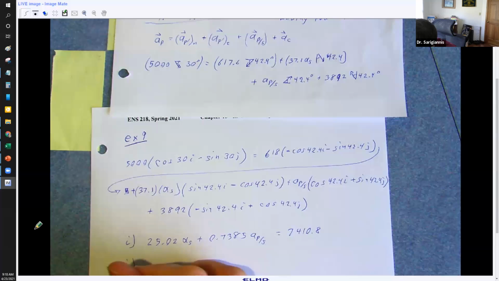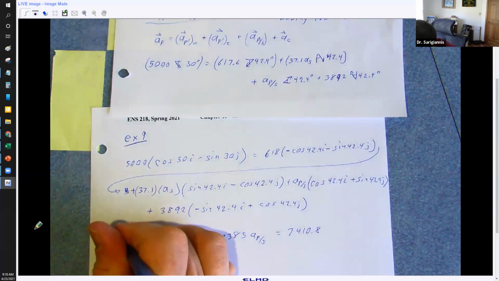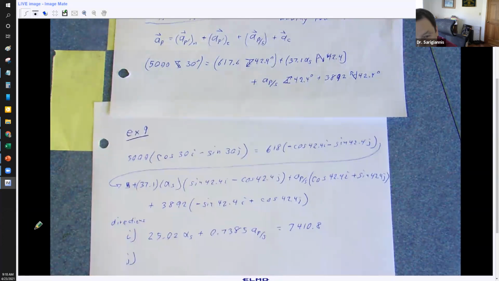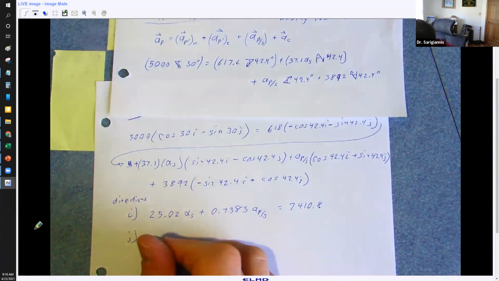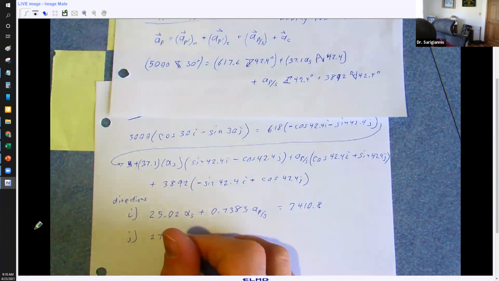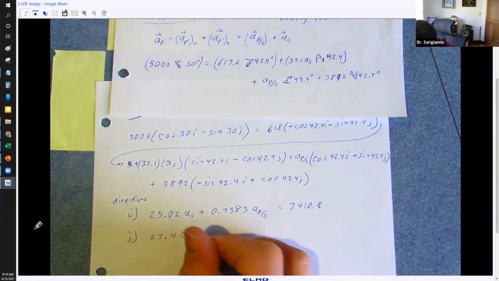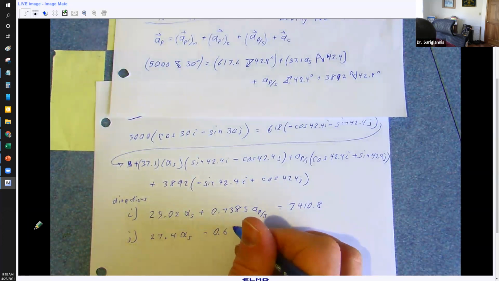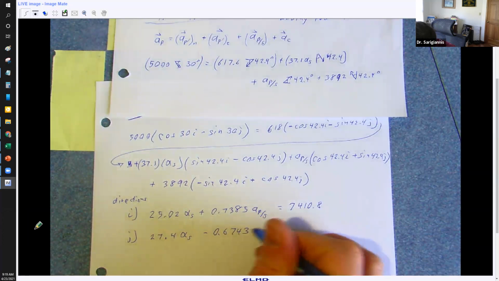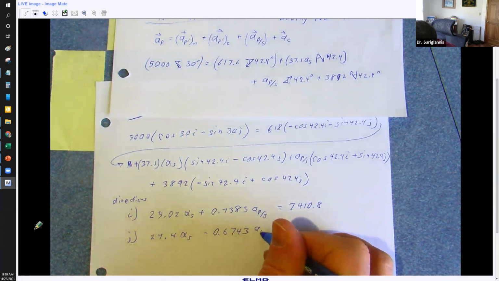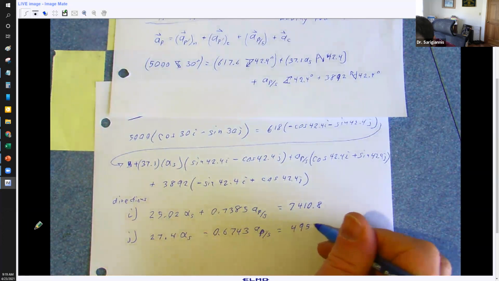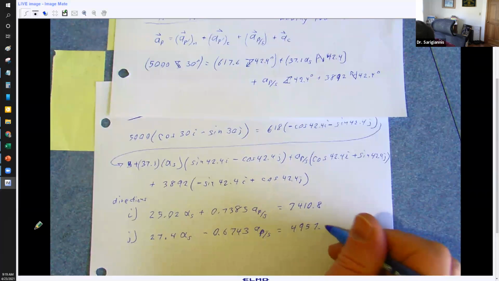And then the J direction. You wind up with 27.4 alpha S minus 0.6743 A of P with respect to S, and this is 4957.3.